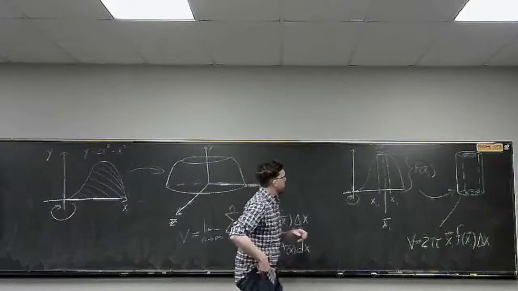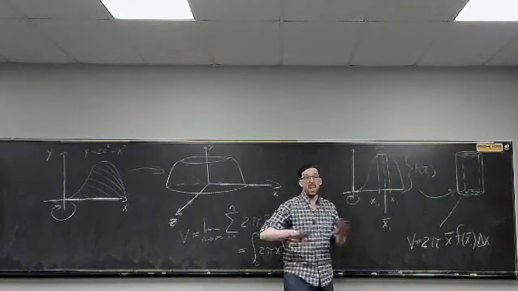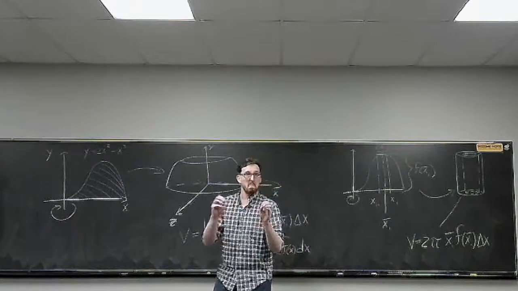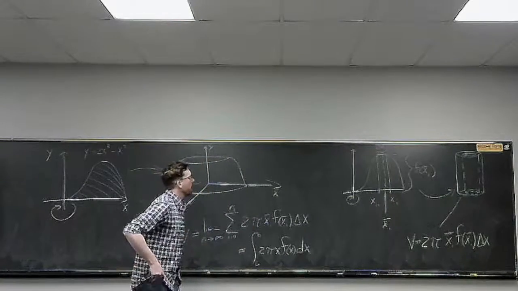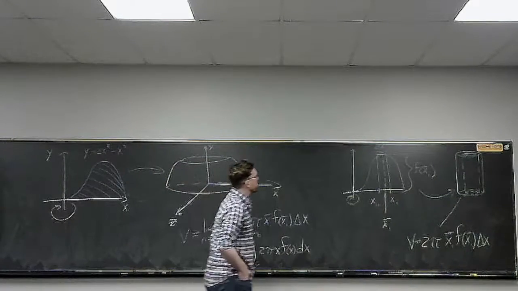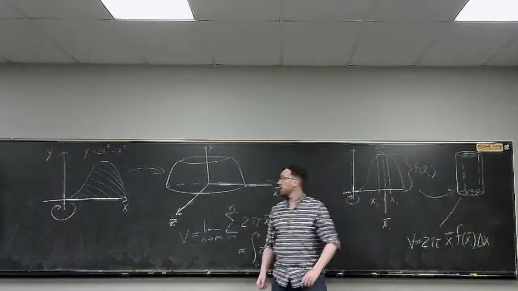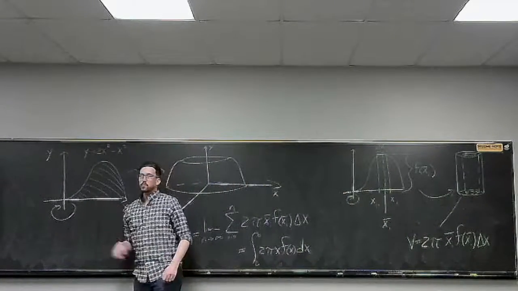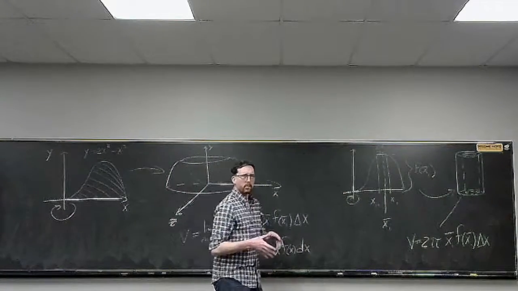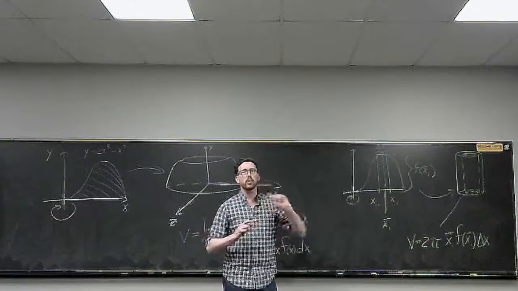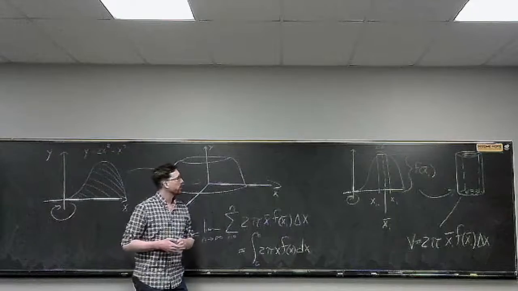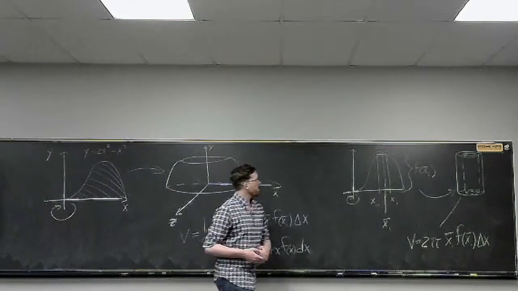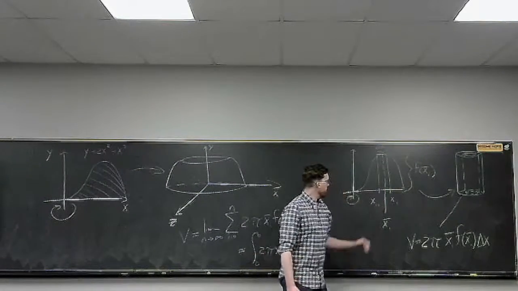Well, let's consider that question in its most niche details, right? That question assumes that we start off with our original function, and we're going to form these rectangles. Then we're going to rotate those rectangles about the y-axis, as we do in this example. We've got these rectangles.